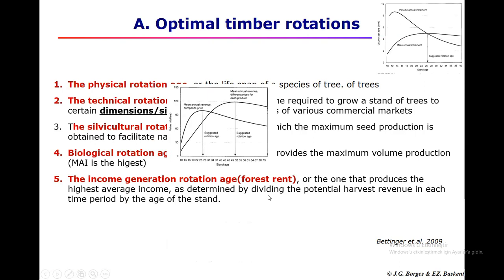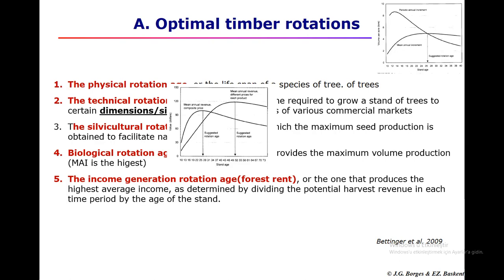That income is determined by dividing potential harvest volume in each time period by the age of the stand. Still, this is called the income generating rotation period, which is calculated by dividing the potential harvest revenue.